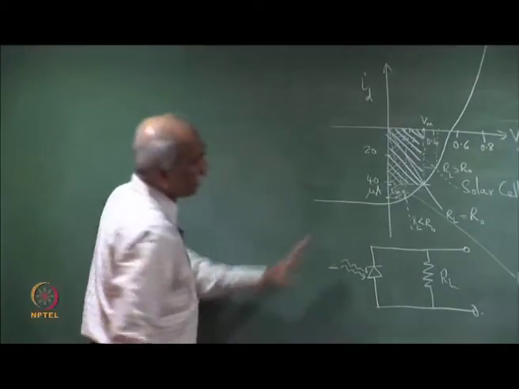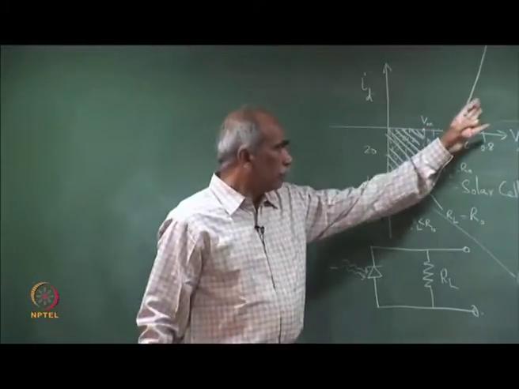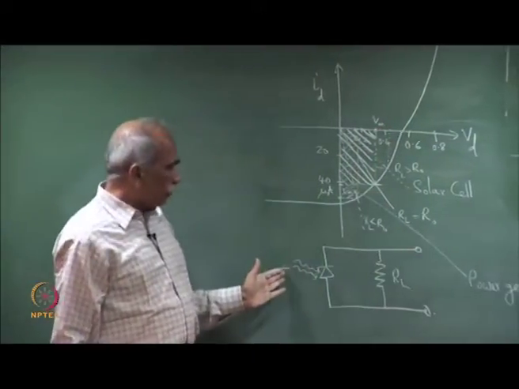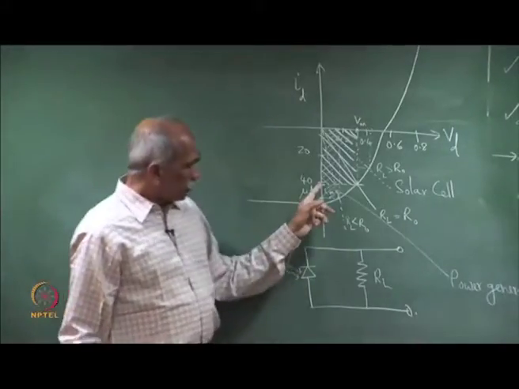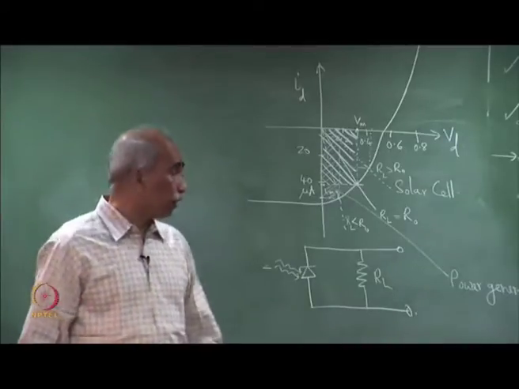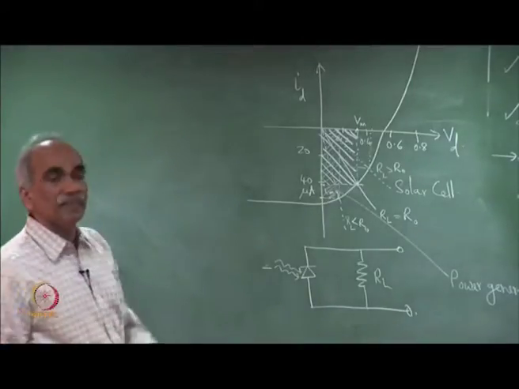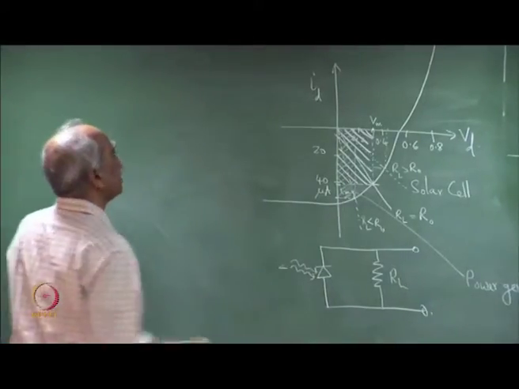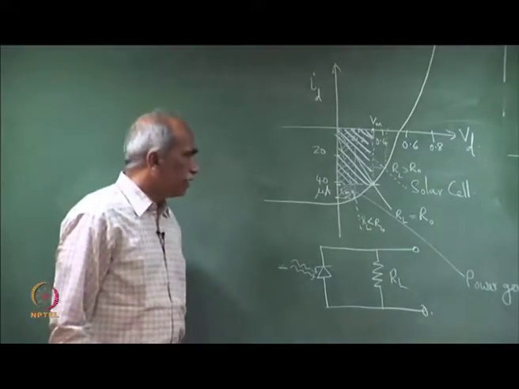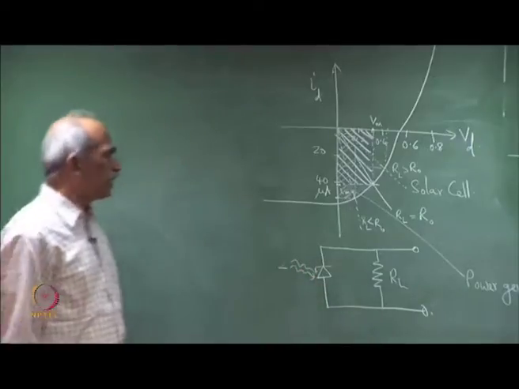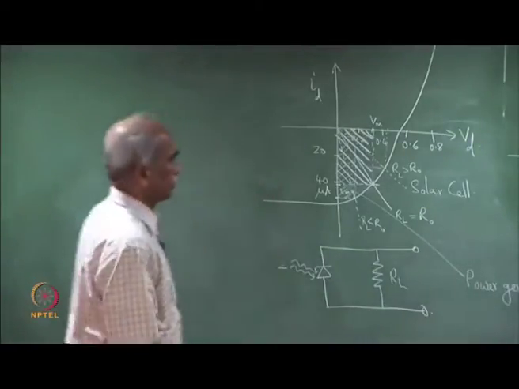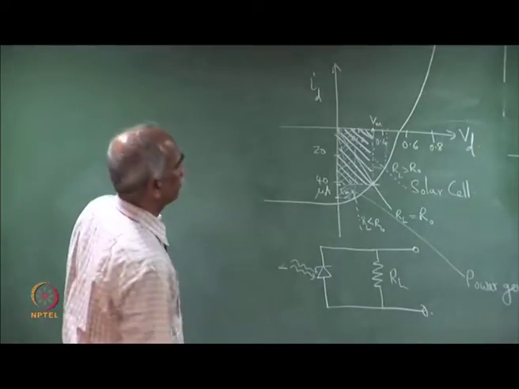So, a solar cell is basically a photodiode which is operated in the fourth quadrant and without any bias. An important issue is the choice of the load resistance from a circuit designer's point of view. The materials issues are completely different. So, this is from a circuit designer's point of view to get maximum power out of this.